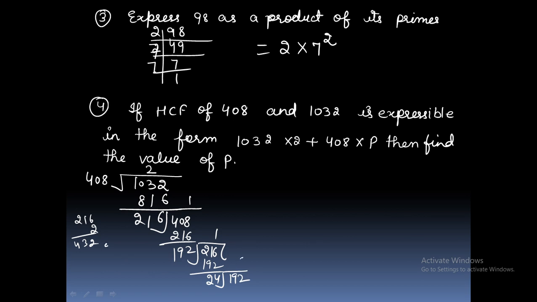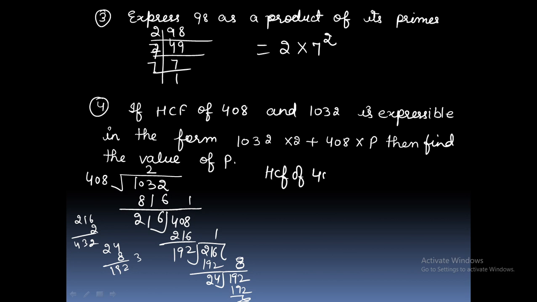Now it will go on, 8 4 is 32, 8 6 is 16 plus 3. It will go on, 8. We find that the HCF of 408 and 1032 is 24.